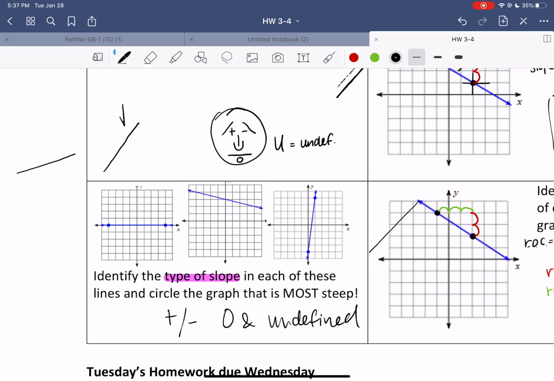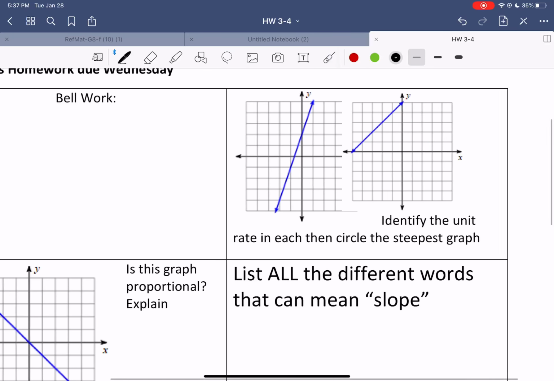So this here is more steep than this one here. So think of steepness as like how steep a mountain is, how steep a hill is, something like that.